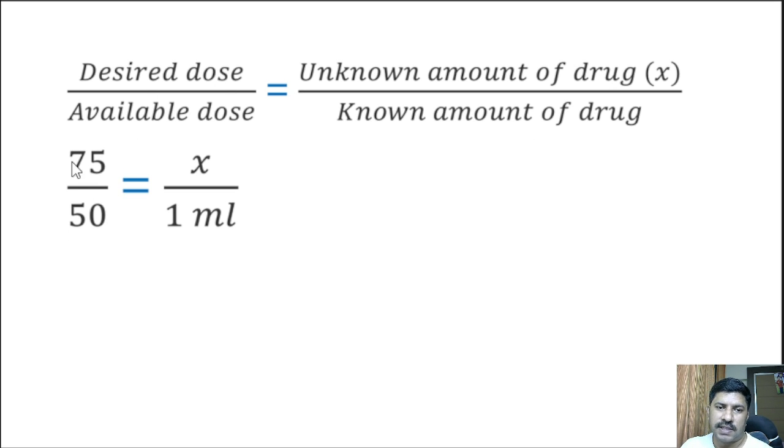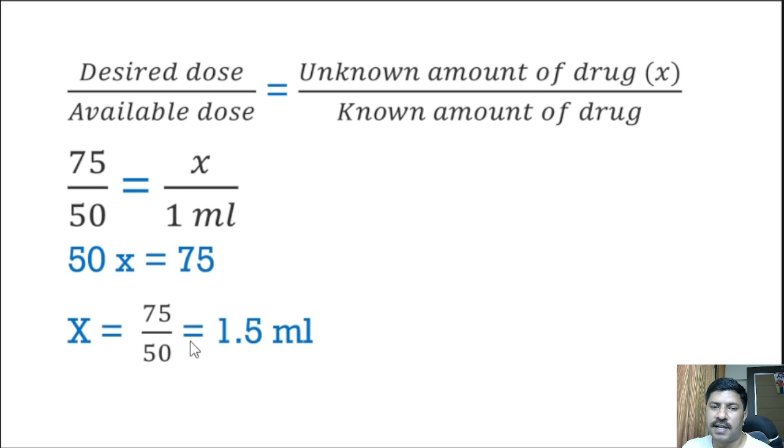So desired dose 75 mg divided by 50, available dose, equal to X, that we need to find, divided by 1 ml, 50 mg per 1 ml. So if we cross multiply, that is 50x equal to 75, then x equals 75 divided by 50 equals 1.5 ml.